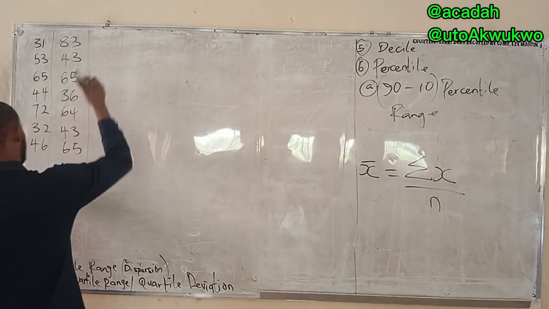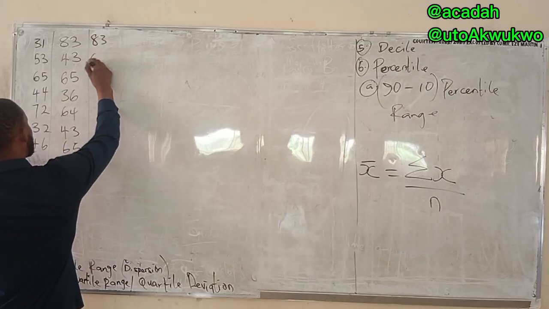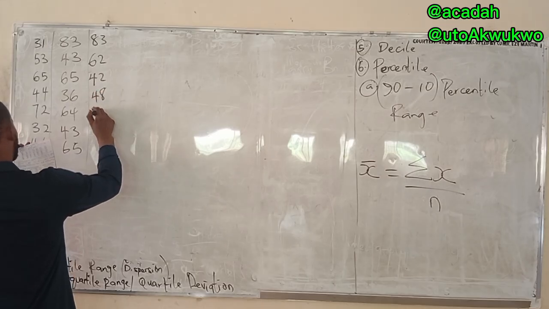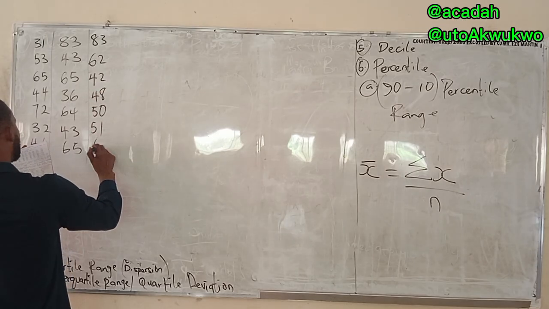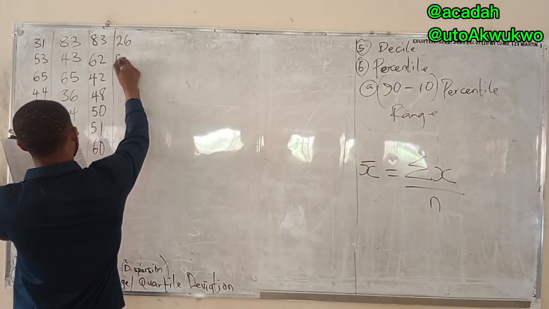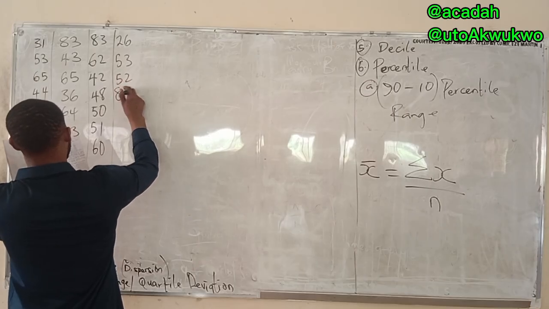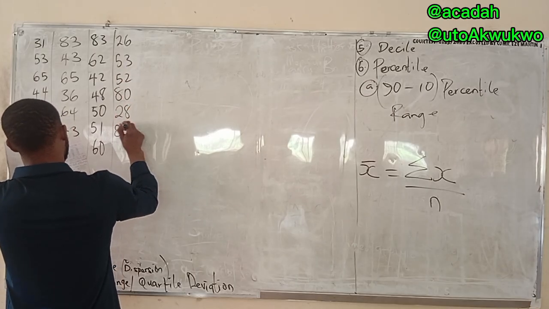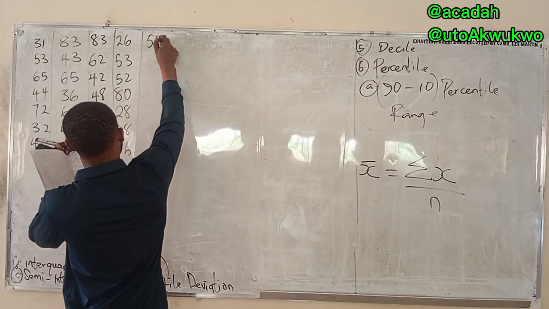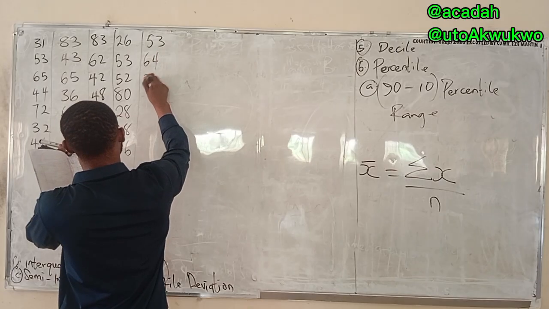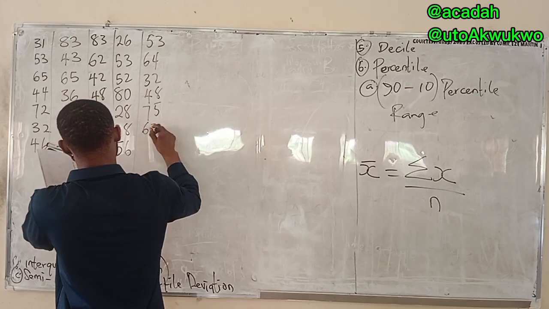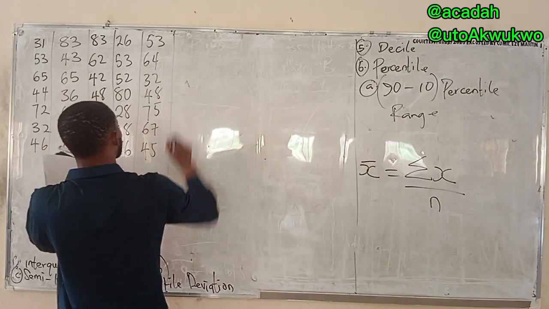We have another one, 83, 62, 42, 48, 50, 51, 60. We have 26, 53, 52, 8, 28, 88, 56. We have 53, 64, 32, 48, 75, 67, 45. We have 52.